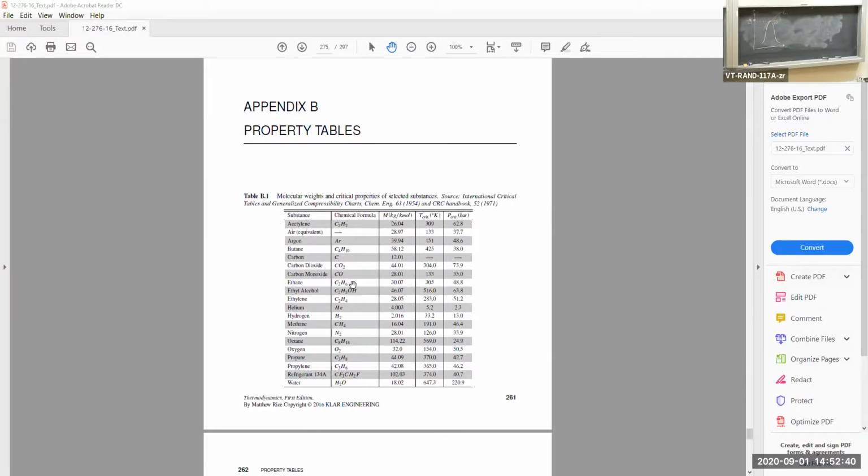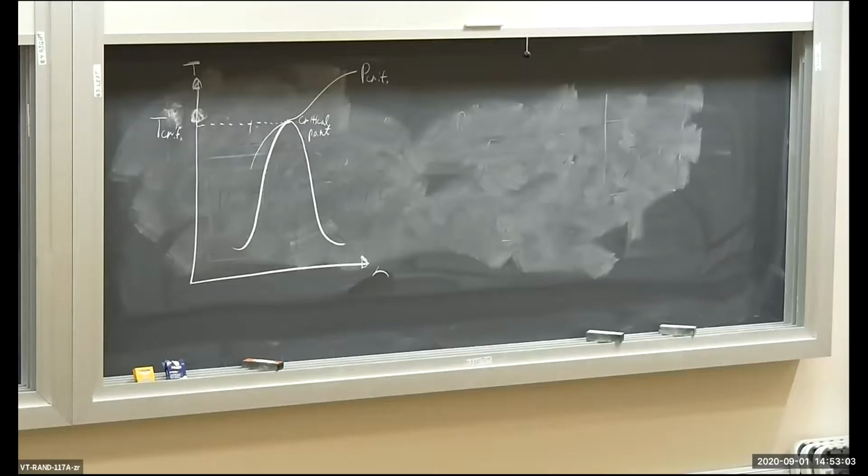Very first table, B1. Chemicals, chemical formula, molecular weight. This is going to be useful here soon when we do some stuff with the ideal gas law. Critical temperature in Kelvin and critical pressure in bar for various materials. So critical temperatures and pressures are out of table B1.